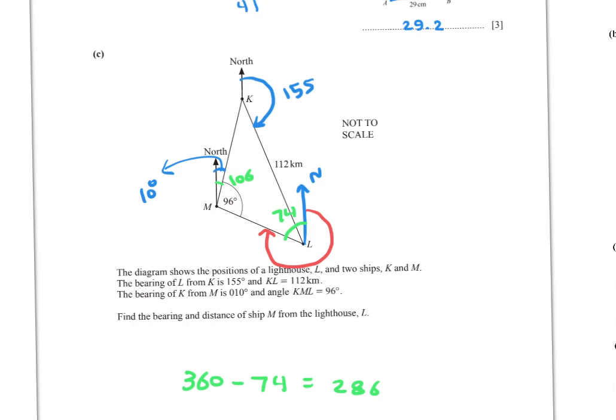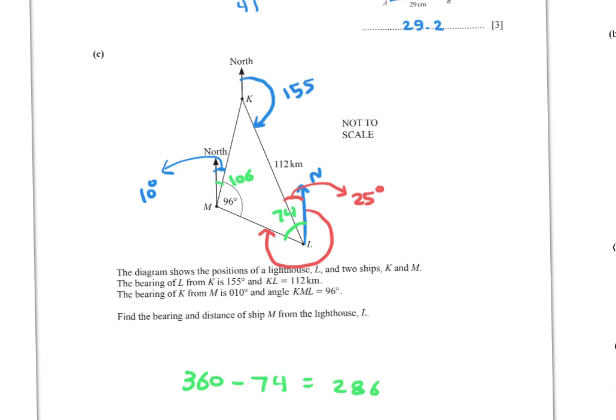Now how to find the distance ML? Now we have this angle is 155. So we can deduce this angle because the sum of the interior angles is 180. So we can find the small angle, this one. 180 minus 155 equals 25. So this angle is 25.